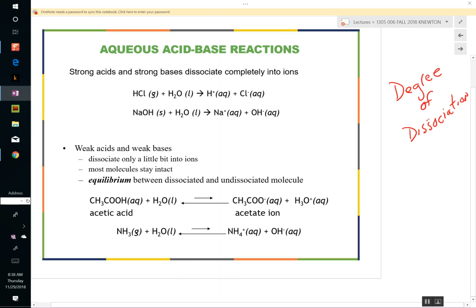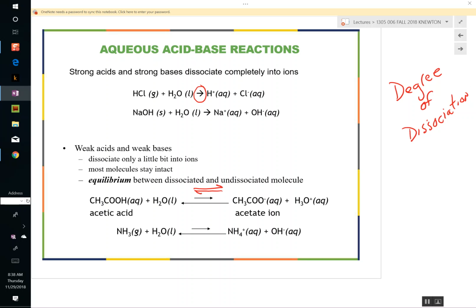And HCl, and one thing to focus in on are these arrows. Usually down here what you would see is something like this. You've seen it on some previous slides. Arrows going in both directions. This is weak.